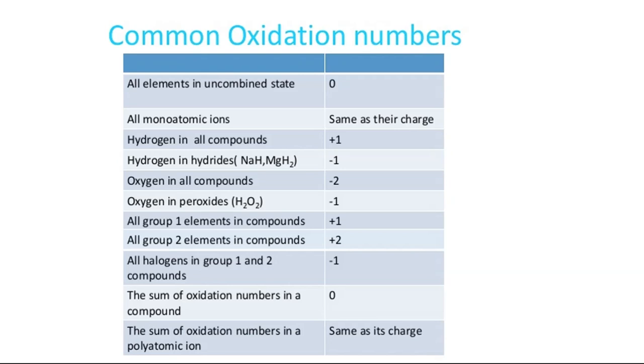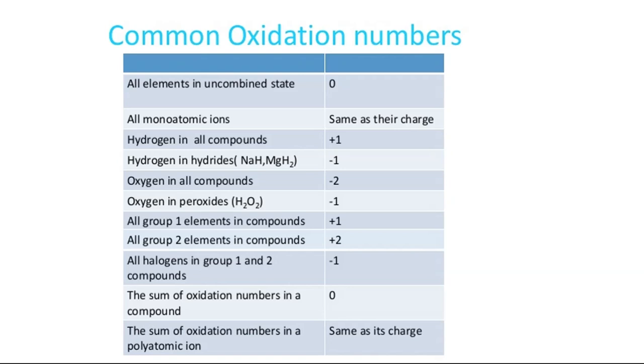Hydrogen in all compounds +1 oxidation state. Hydrogen in hydrides -1. Oxygen in all compounds -2 oxidation state. Oxygen in peroxides -1. All first group elements in compounds +1. All second group elements in compounds +2. All halogens in group 1 and 2 compounds -1.